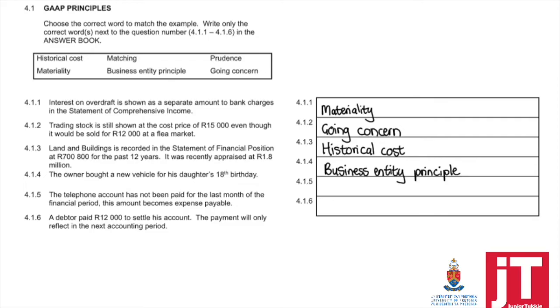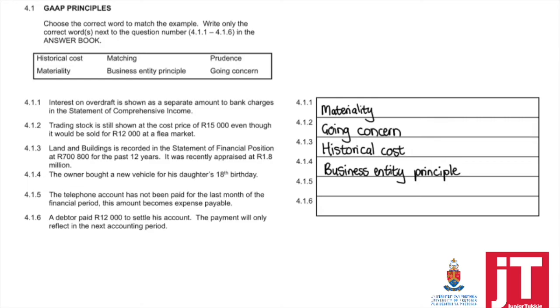Number 5, the telephone account has not been paid for the last month of the financial period. This amount becomes expenses payable. What we need to do is look at this accounting period, which is 12 months, and what was all our income and all our expenses. If it's still outstanding, it means it still forms part of my expense for this accounting period.